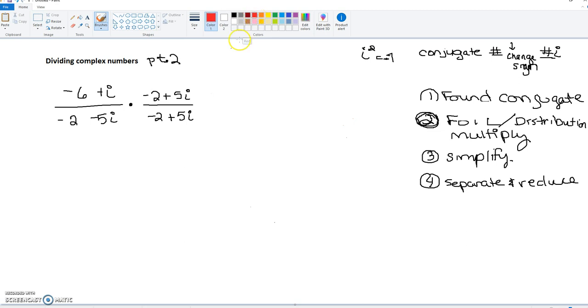And of course, I'll go ahead and do different colors to help make things a little bit easier for us with the limited space. So I've got -2 times the -6 gives us 12. Draw my line here. A -6 times a positive 5i gets me a -30i.